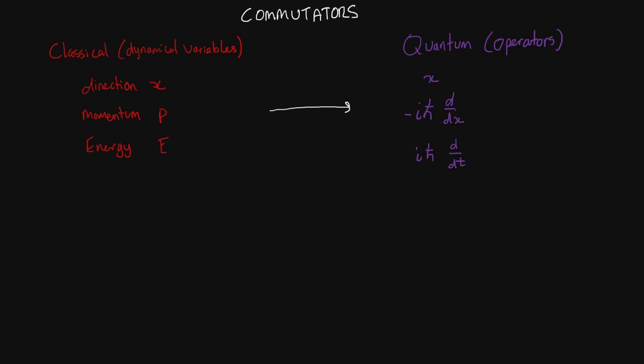Firstly, let us define a new operator. So our new operator will be d over dx. Now by itself, d over dx has no meaning. We can't take the derivative of nothing. Here comes a rule with operators.